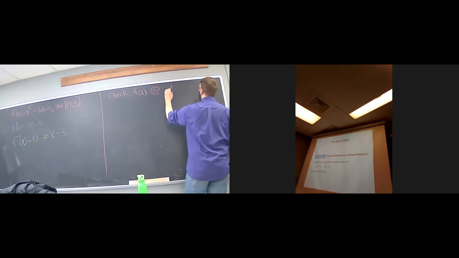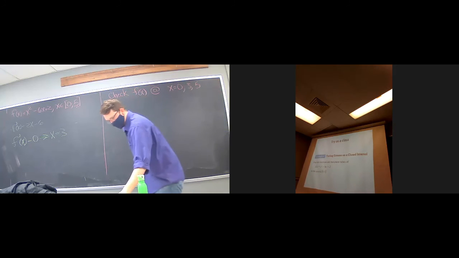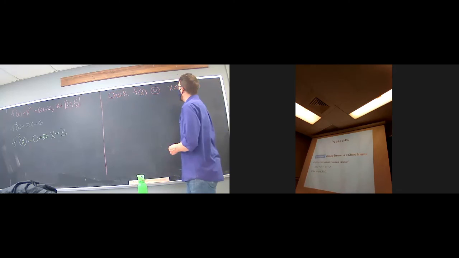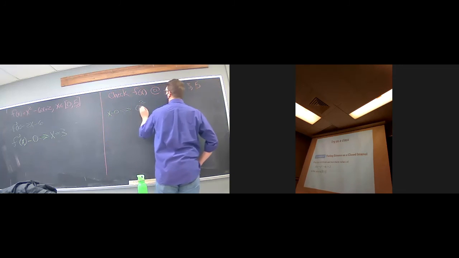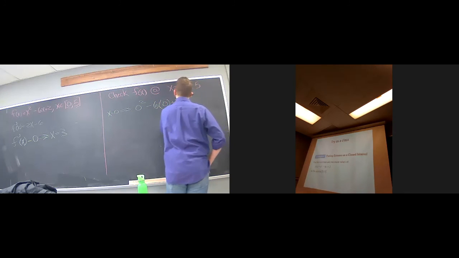At x equal to 0, 3, and 5. At x equal to 0, we have 0 squared minus 6 times 0 plus 2. This is going to come out to be just 2.